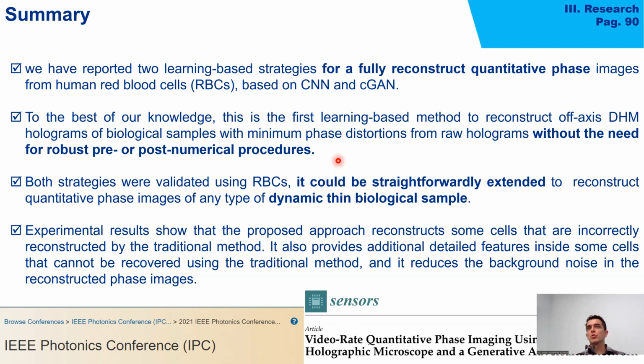We think that it could be a straightforward standard to reconstruct quantitative phase images of other kinds of biological samples. This work was presented at the IEEE Photonics Conference and has been published in Sensors.